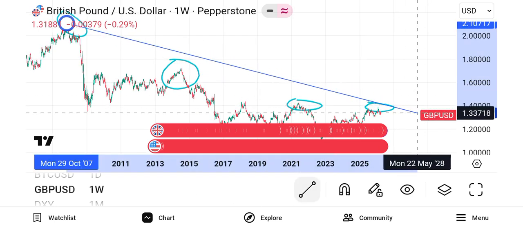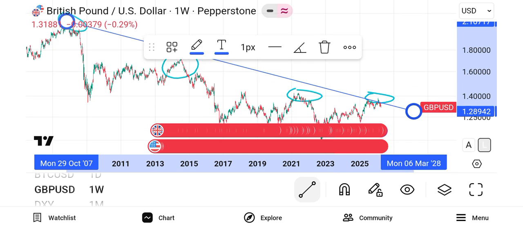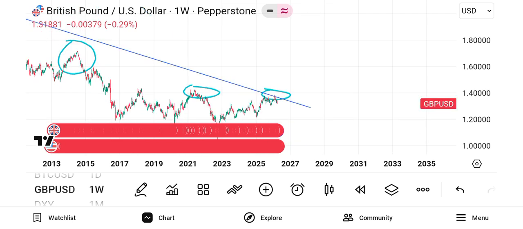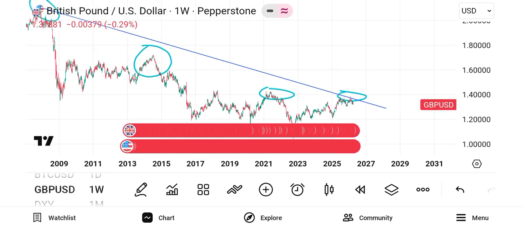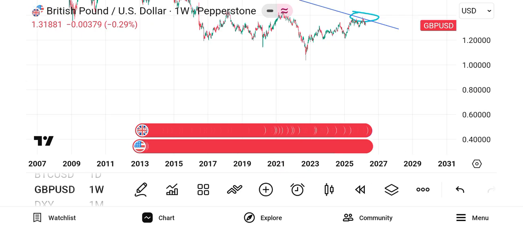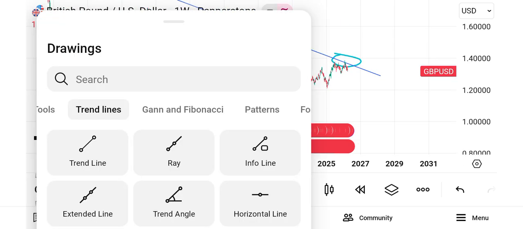For an uptrend, what you do is the same thing you do for a downtrend.